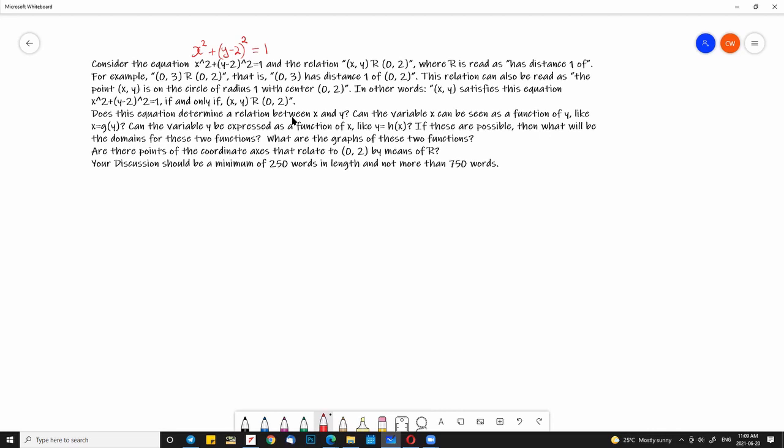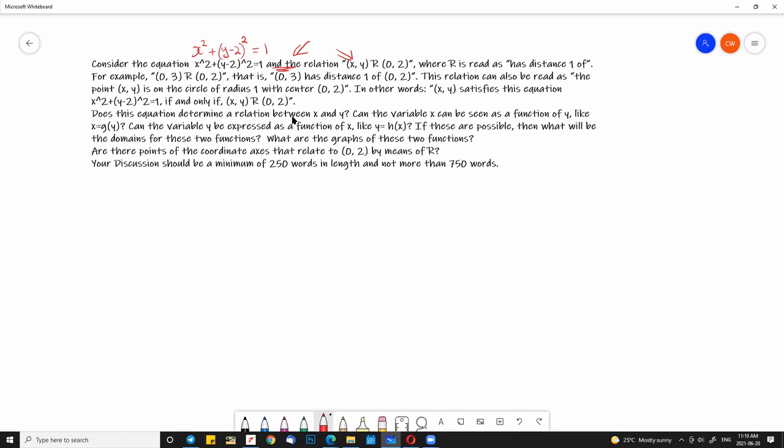Okay. So it says, consider the equation x squared plus (y minus 2) squared equals 1. And then they go on to confuse you with this part and the relation. The wordage here makes you think that these two things are different things, but it's actually the same thing. The relation R: (x, y) R (0, 2), where R is read as "has a distance 1 of."